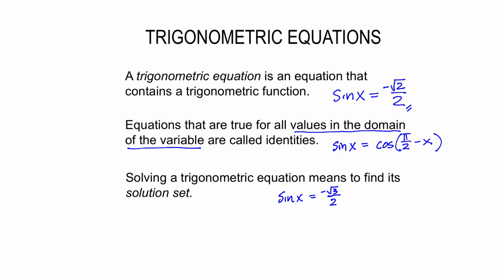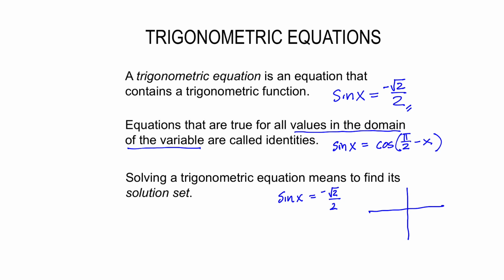Actually, let's do the same one I have above, negative root 2 over 2. Remember that the solution for root 2 over 2, we know, is 45 degrees or pi over 4. We're going to genuinely keep this in radians and practice that.